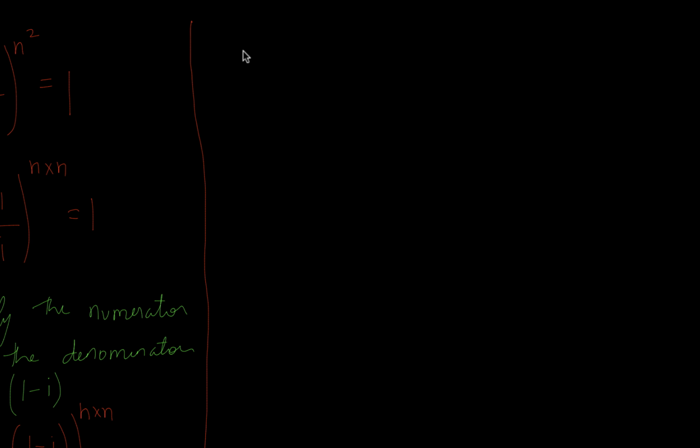So let's take our problem onto this side. Now let's start solving from here. So we have 1 minus 2i plus i squared divided by 1 square, this is also square, sorry for that, 1 square minus i square, the whole raised to n square.